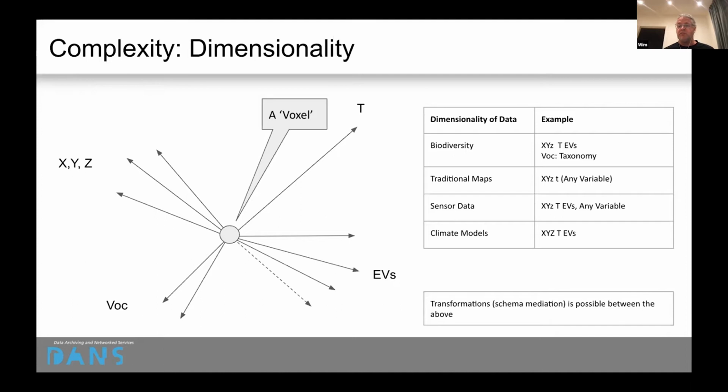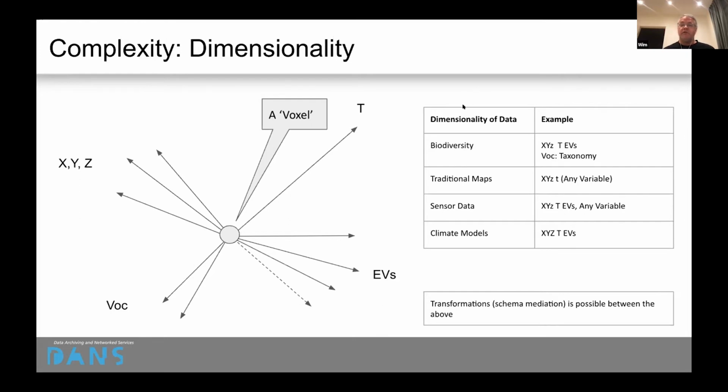So in the biodiversity community, there's about 30 of these variables. For climate modeling, there's in the order of something like 40. The ocean observation and modeling community has got their own set, and so on and so forth.